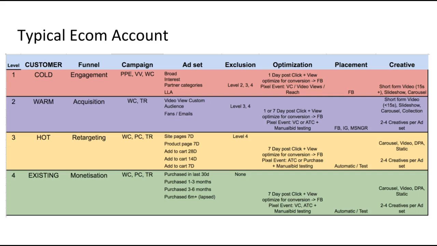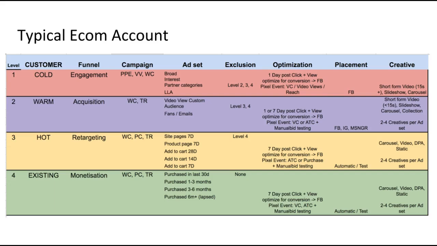But if I'm looking for a cold audience and I want to sift out the right people and I don't really have a strong avatar, then a video view campaign is a great way of doing that, where you can actually run a video and you can retarget people based on 10-second view or 50% or 75% viewed, and create a much warmer audience that we can then target off the back of that.